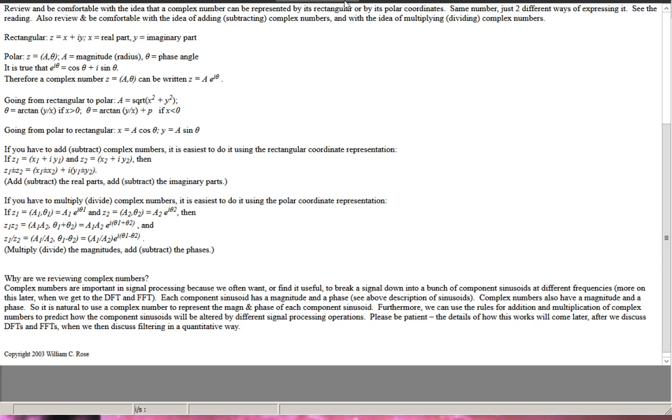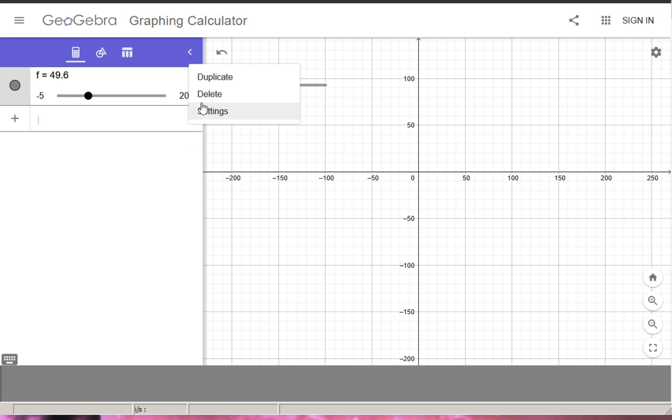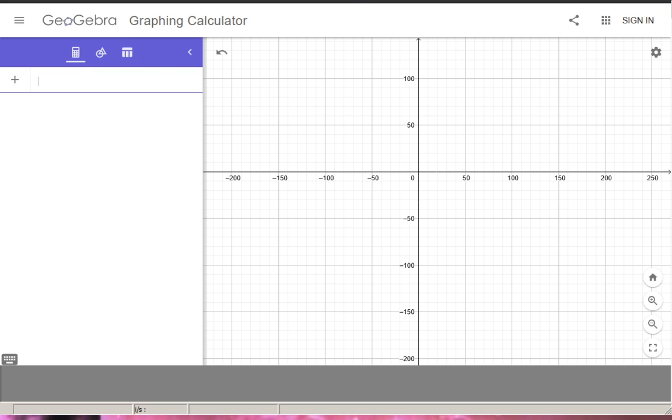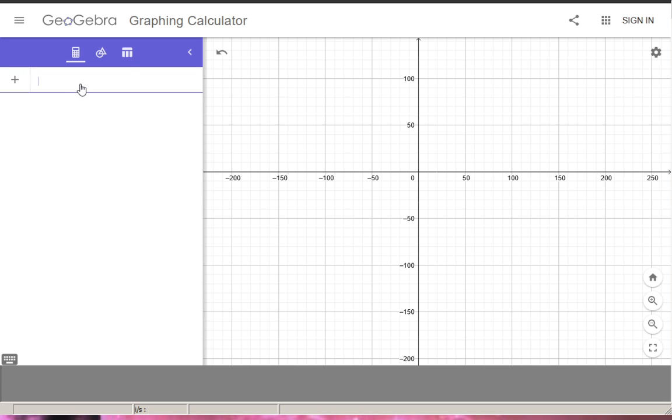So if we go back to the graph, let's say that A equals 1.